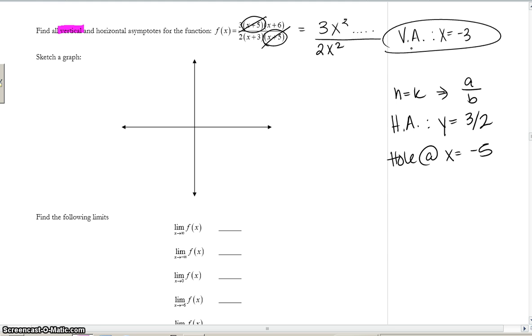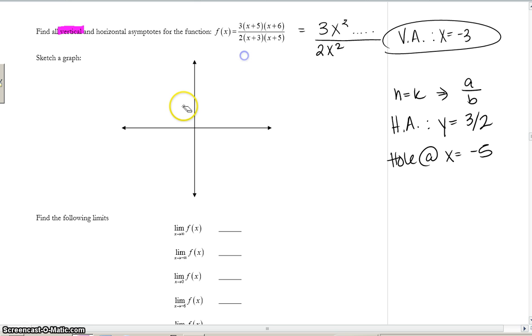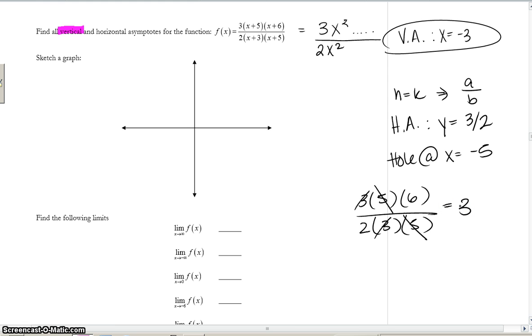So now that we found that, let's find our y-intercept so we can sketch out our graph. We find our y-intercept by plugging in 0. So you get 3 times 0 plus 5, that's 5, times 0 plus 6, that's 6, over 2 times 0 plus 3, 3, times 0 plus 5 is 5. Cancel these 3's, cancel these 5's, you get 6 over 2, that's 3.